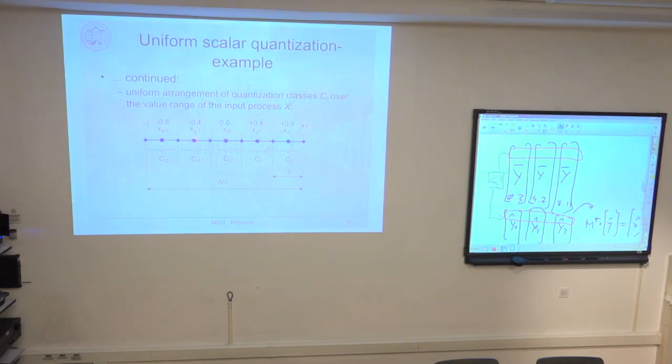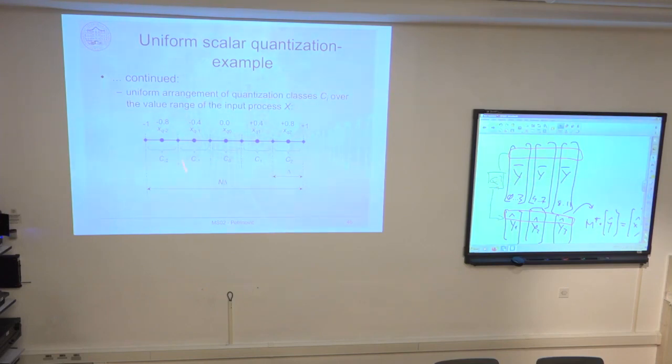Okay? And the representative value is the center of this range. So this C is a class. C minus 2 means that it is the class corresponding to symbol minus 2. It means that the signal value is somewhere between minus 1 and minus 0.6. Okay?